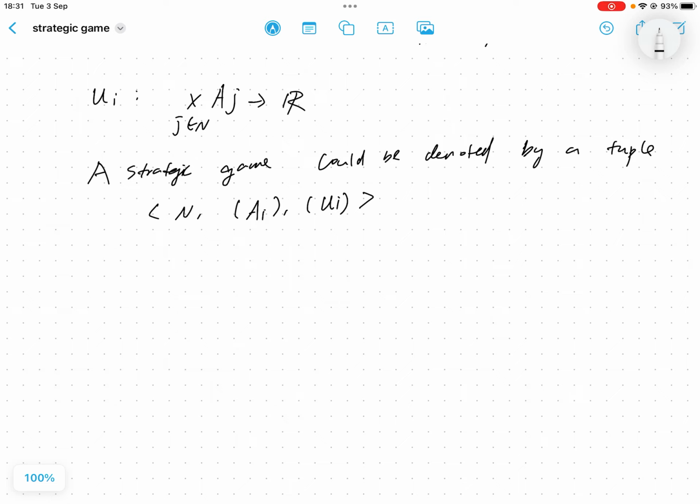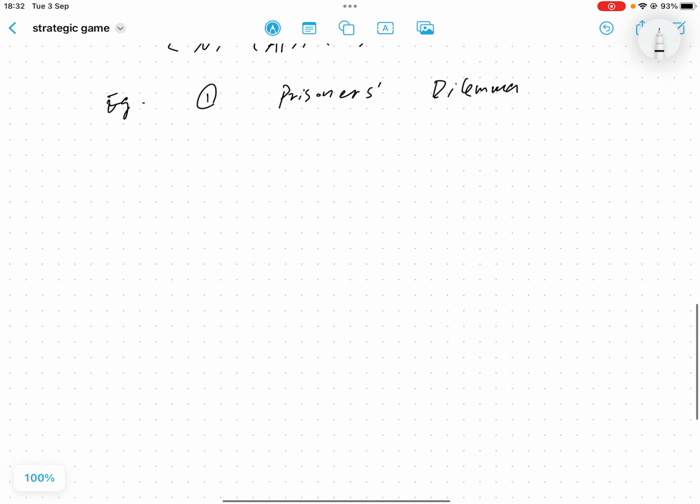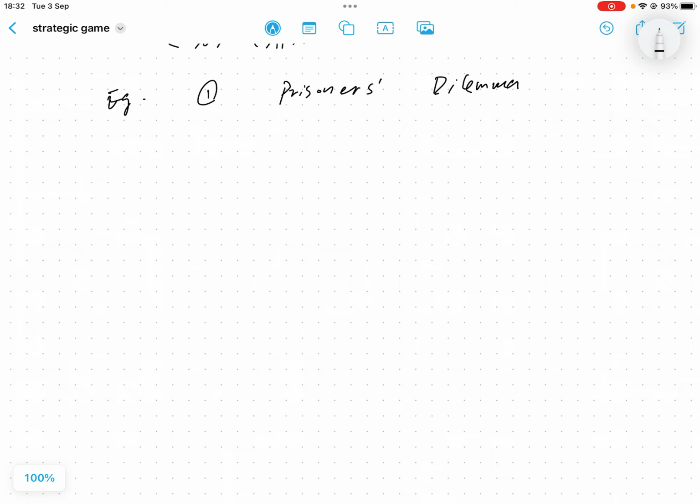So let's have some examples. The first one is a very famous example in game theory. It's called the Prisoner's Dilemma. We use a table to denote the actions for the two players and their payoffs, their utilities.